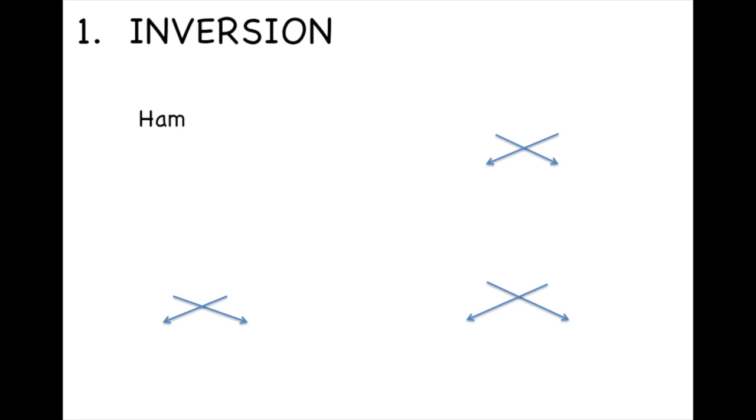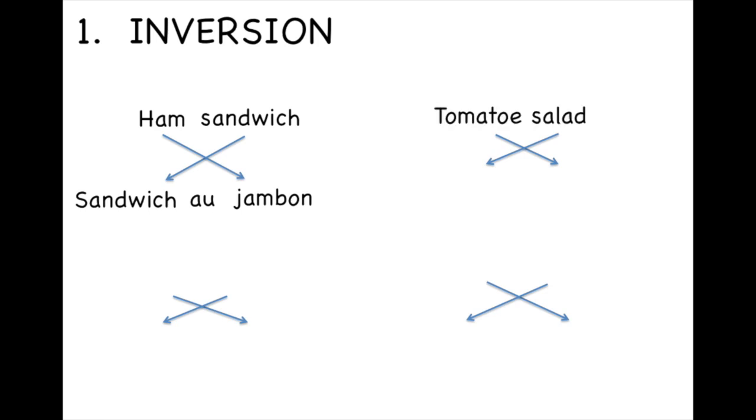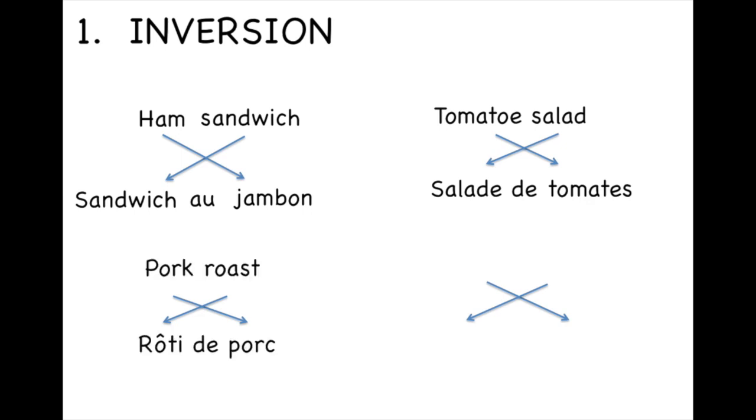Like in ham sandwich, if you change the order of ham and sandwich, in French, if you translate it, it becomes sandwich au jambon. Same thing for tomato salad, becomes salade de tomate. Pork roast becomes rôti, which is roast in French, de porc. And chocolate cake becomes gâteau, which is cake in French, au chocolat.